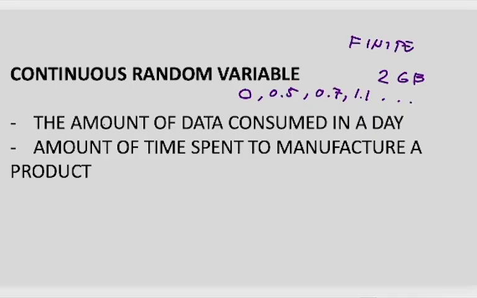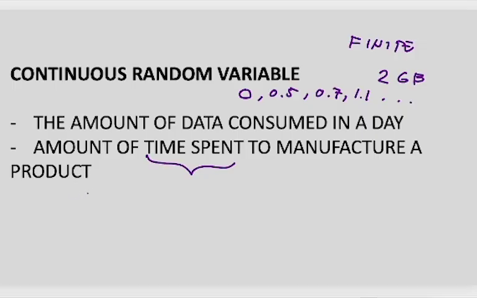The next example is the amount of time spent to manufacture a product. Let's say, for example, you have a car manufacturing plant. So the variable here is the time spent on a single product. This is actually a continuous random variable because we really cannot quantify the time as discrete.